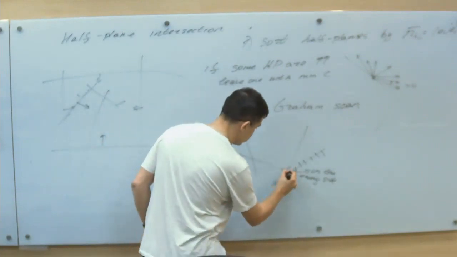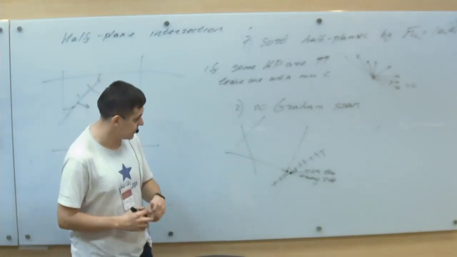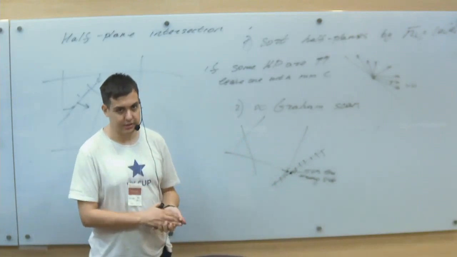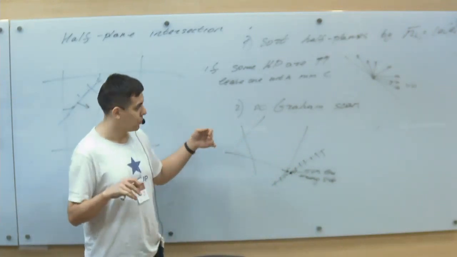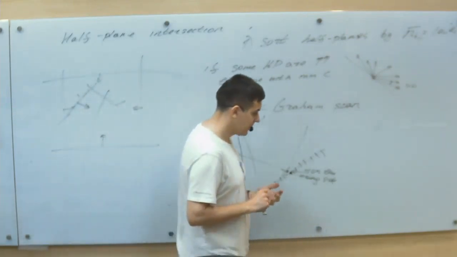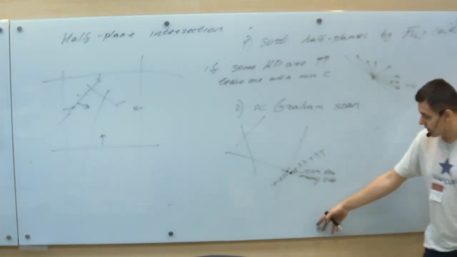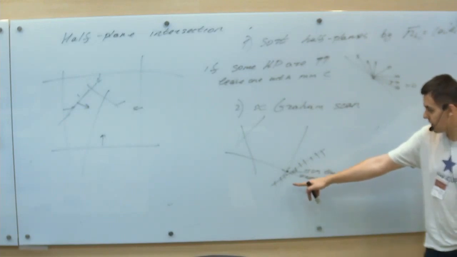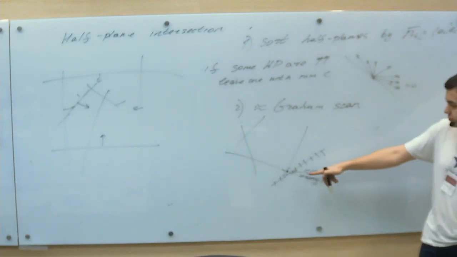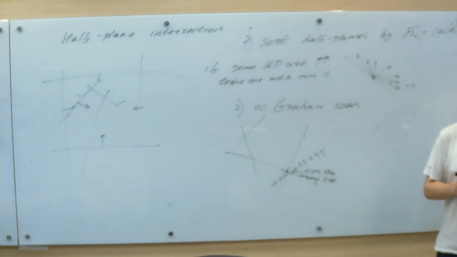So we check this, and if this one is on the wrong side of the current half plane, then we need to delete this. So we do the same, we keep a stack of all the half planes, and we add the half plane, and then we keep deleting the last half plane from the stack if the intersection point of the 2 last half planes is on the wrong side of the current half plane.